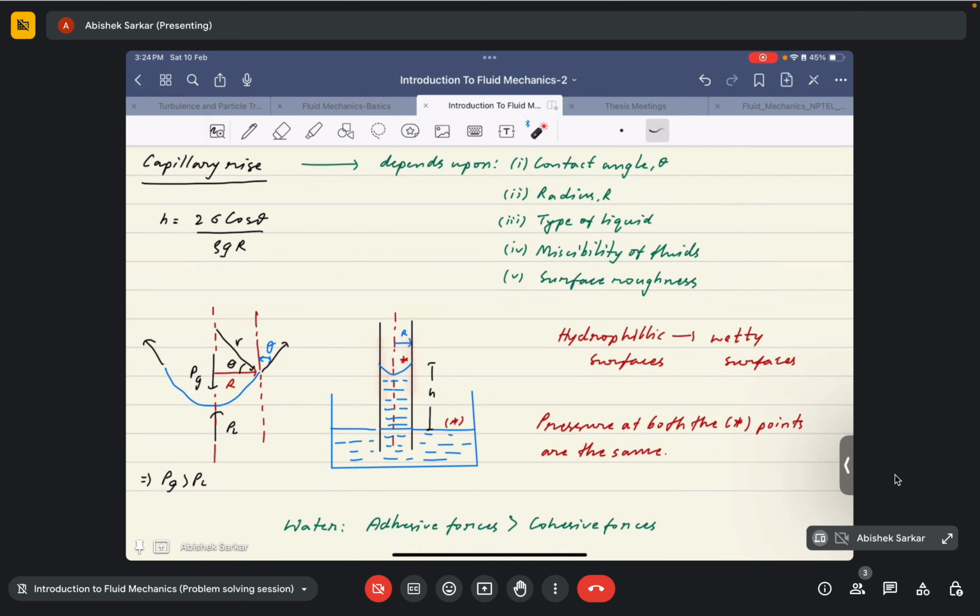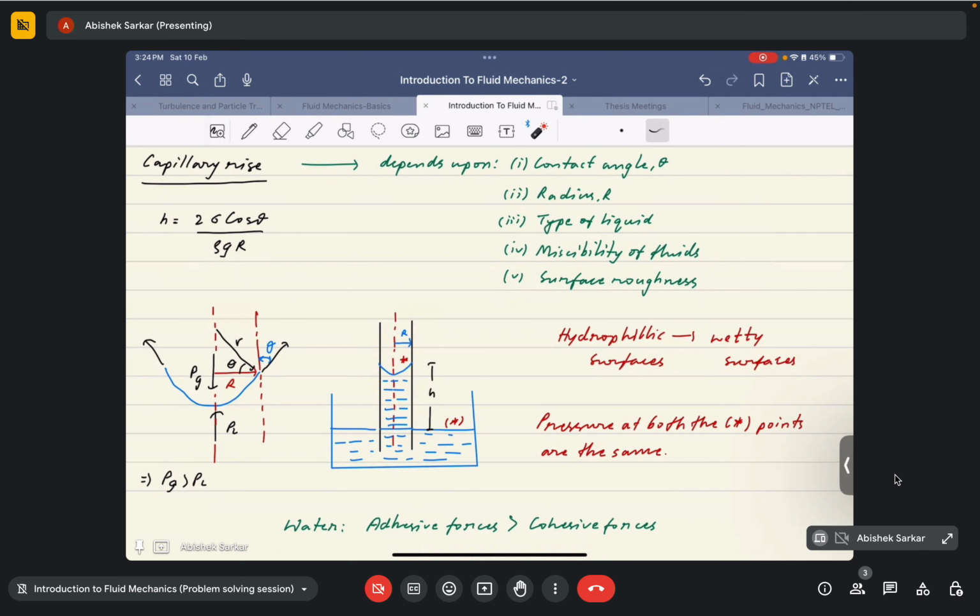Okay, so in the case of water, this adhesive force is comparatively larger than the cohesive forces between the water molecules, and that's why the structure shows these attractive forces pulling the water out of the bottom surface of the tube.